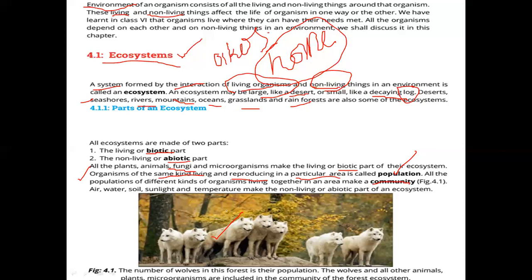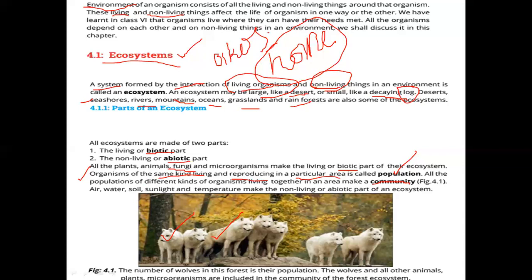Community is actually the group of populations. For example, in the jungle, different populations live, such as wolves, elephants, tigers, some microorganisms, plants and so on. That is called a community, with different types of organisms living in different places.